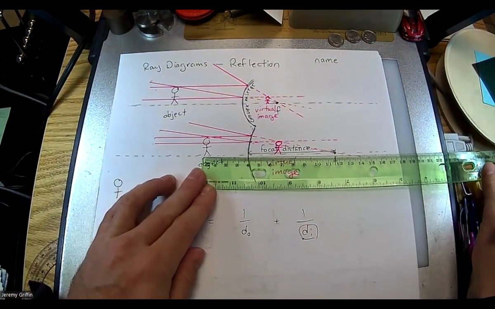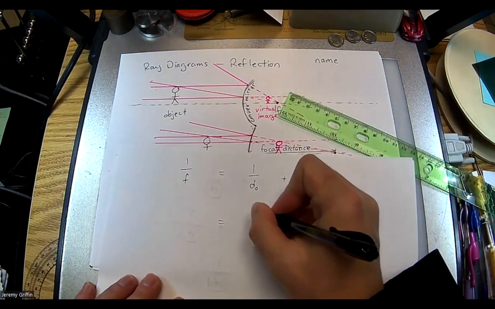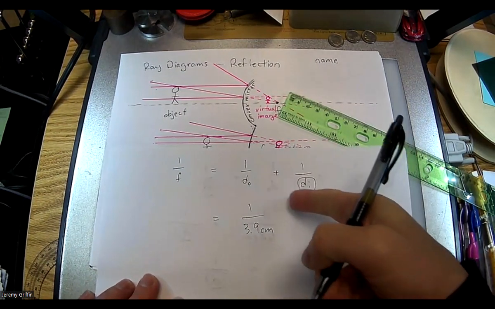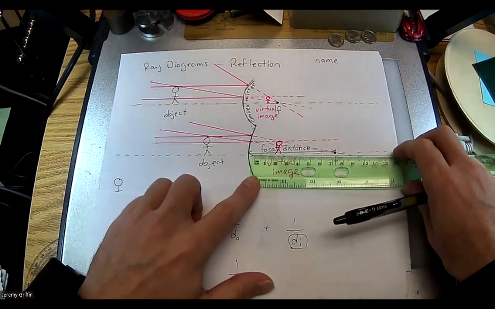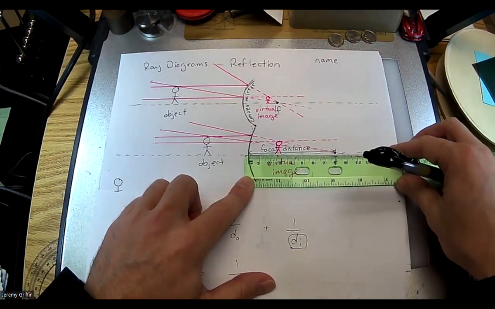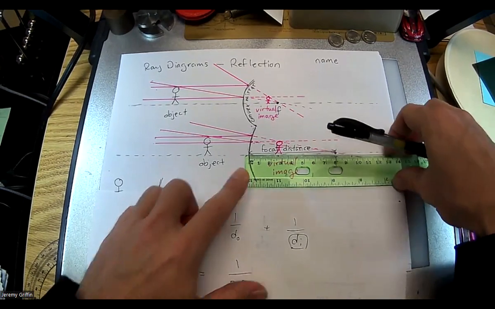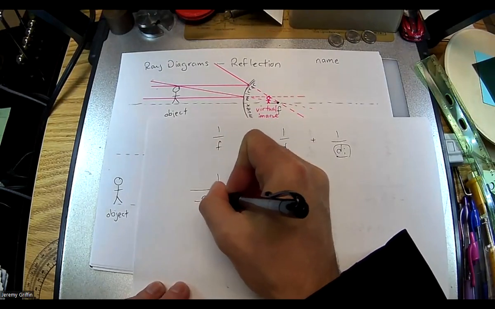My object is about 3.9 centimeters, distance object. I'll always call a distance object positive. My focal point is on the negative side. That's 8.0 centimeters exactly, and it's on the opposite side, so I'll call it negative 8.0 centimeters.